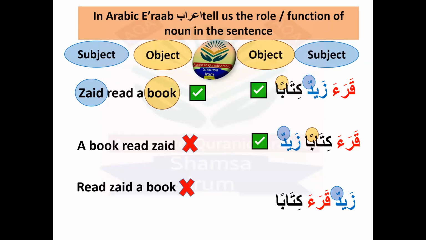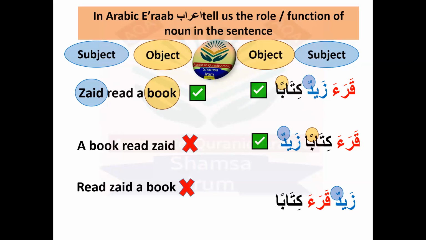If the noun is marfu, it means it acts here as a subject. That's it. Simple. We have to check the haraka of the last letter. If it is marfu, it will act here as a subject, doesn't matter what's the position of the noun. It can be in the beginning of the sentence, in the middle of the sentence, or in the end of the sentence.